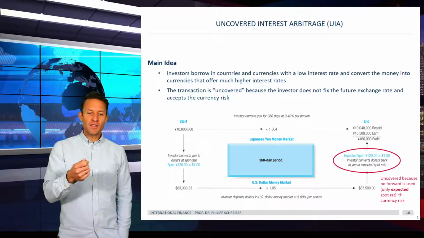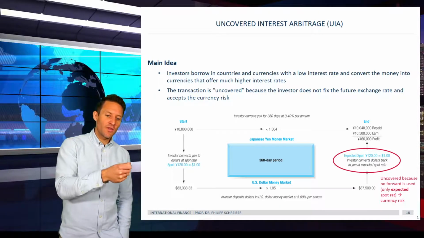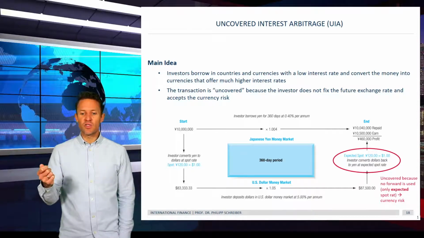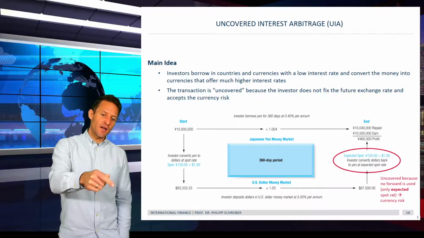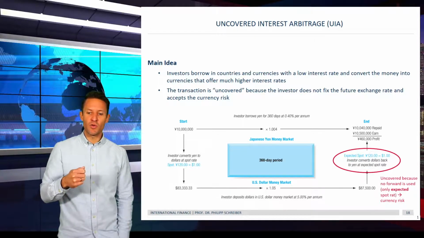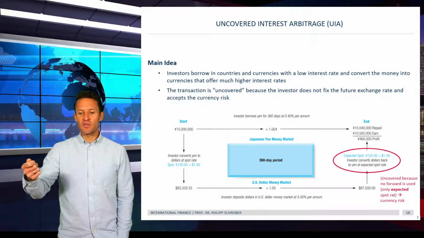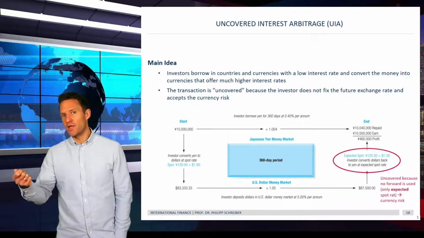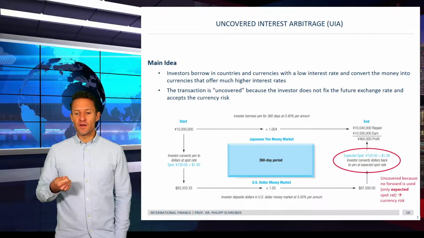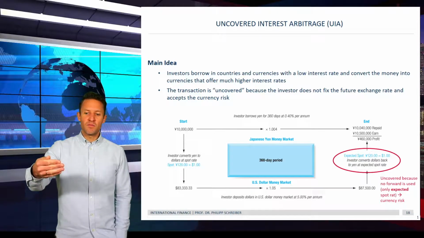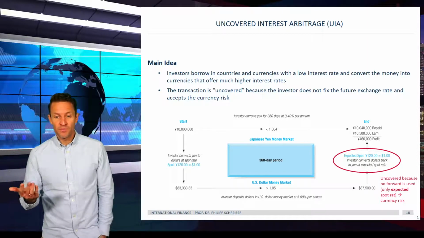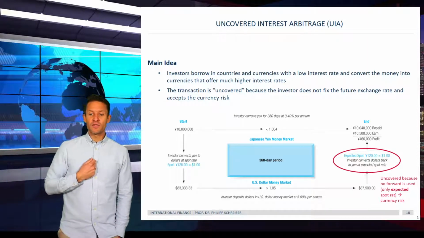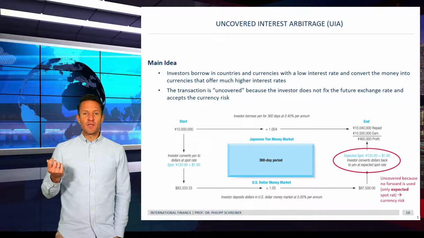So basically he or she just thinks the spot rate does not change at all, because the spot rate at the start was 120 yen per dollar. Based on that, the investor would have made some profit, in this case 460,000 Japanese yen.